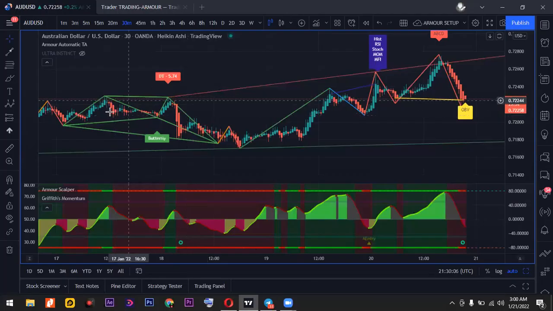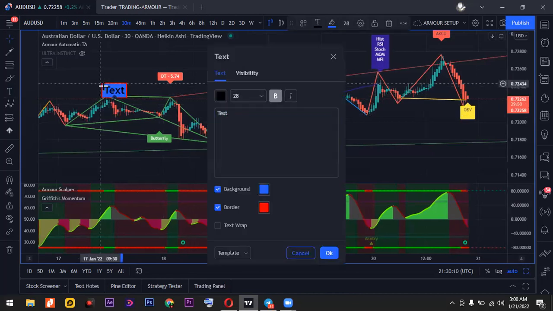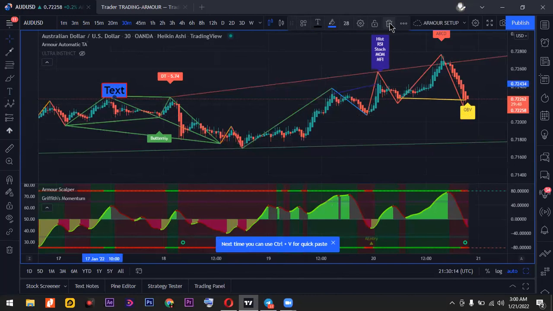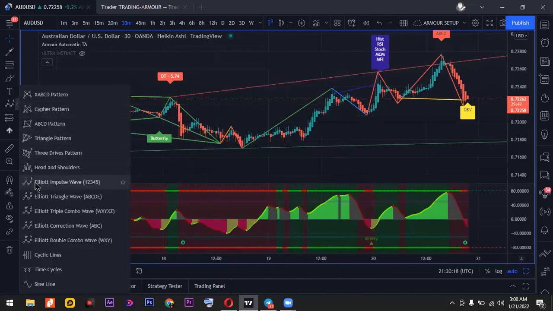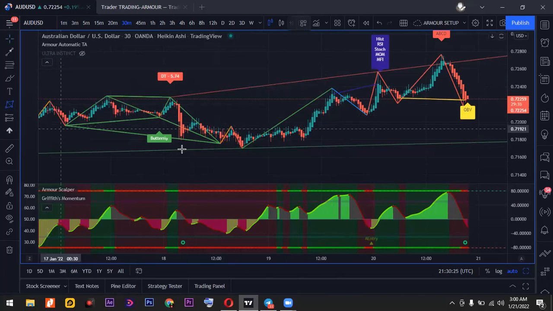Look, this is a butterfly. So this is A, or maybe let me draw these lines here. Go here, select ABCD pattern. See, ABCD. Oh, sorry.